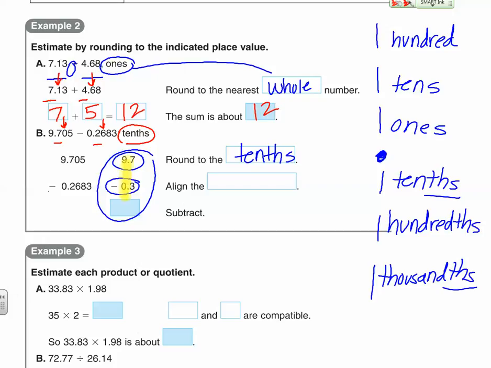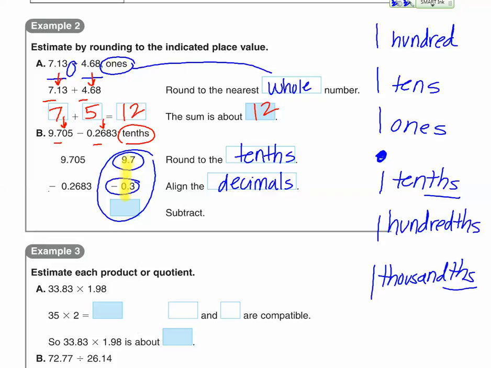That's very purposeful. We'll learn more about that. But we align the decimals. And once the decimals are aligned, then you can go ahead and add or subtract.